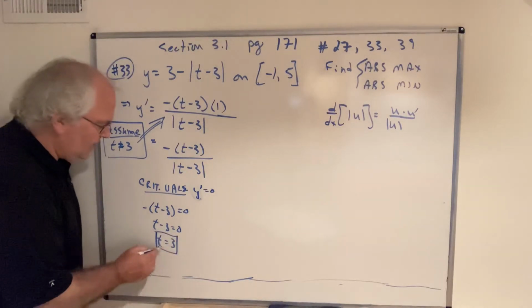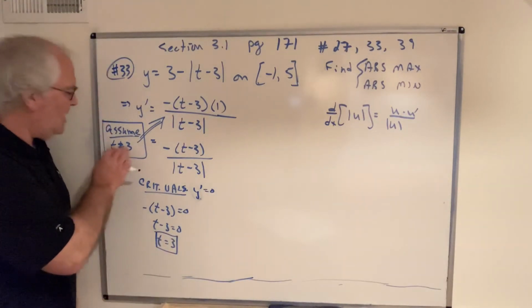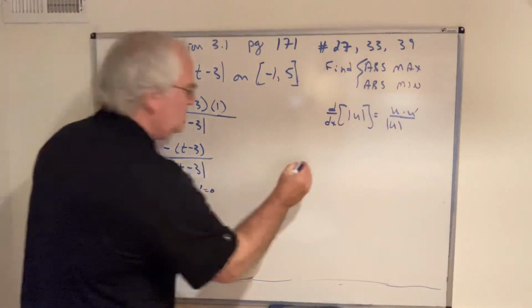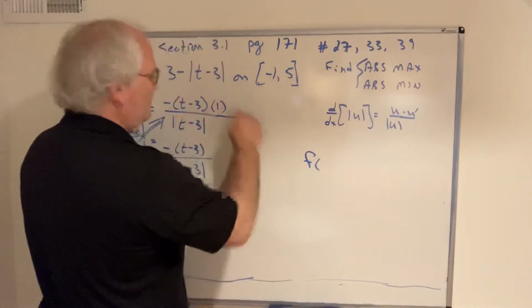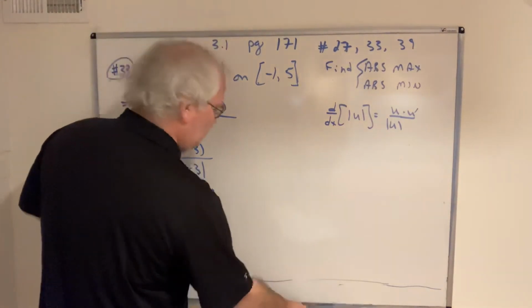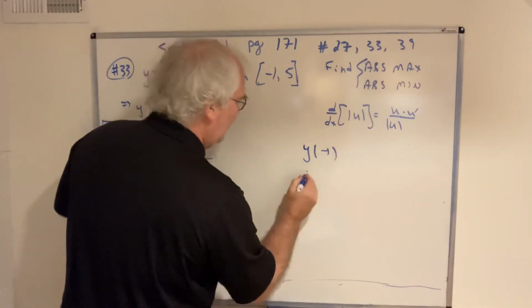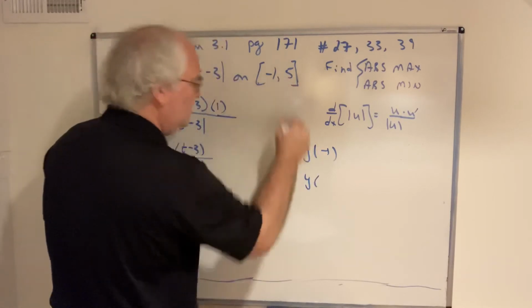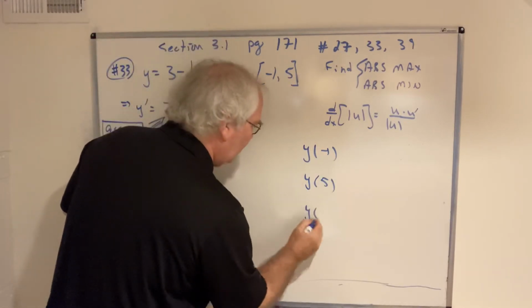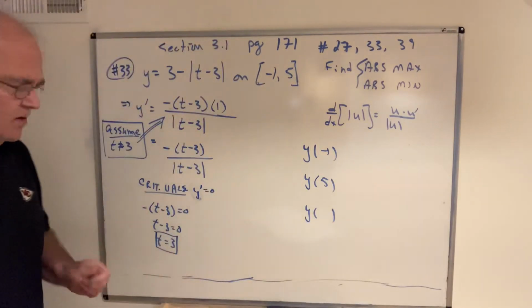So this, it seems odd. This actually does pass muster, because what we're going to be doing here soon is finding the original y function. So we're going to be finding y of -1. And we're going to be finding y of 5. And we're going to be finding y of any critical values.